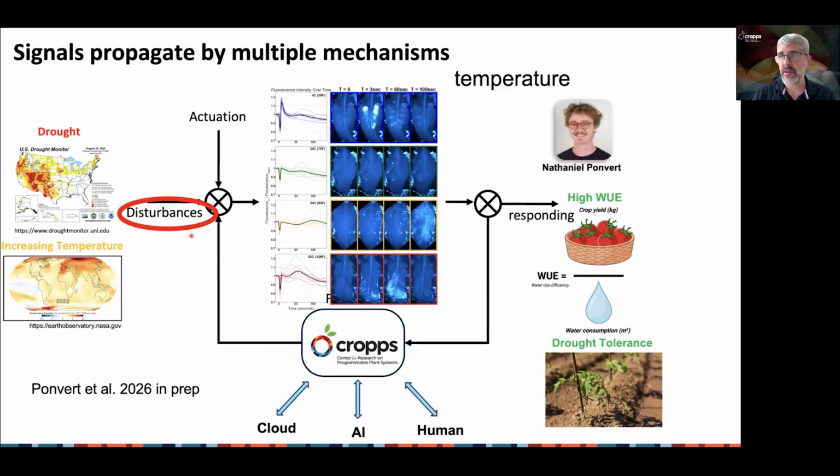In a paper that is being prepared for submission, we also have looked at how different temperatures can lead to different types of waveforms that travel through the plant, and that plants have quantitatively and qualitatively distinct waveforms in response to different temperatures, not just cold versus heat, but different levels of heat lead to distinct waveforms that we think can code valuable information for the plant to allow it to make informed decisions about its stress physiology.